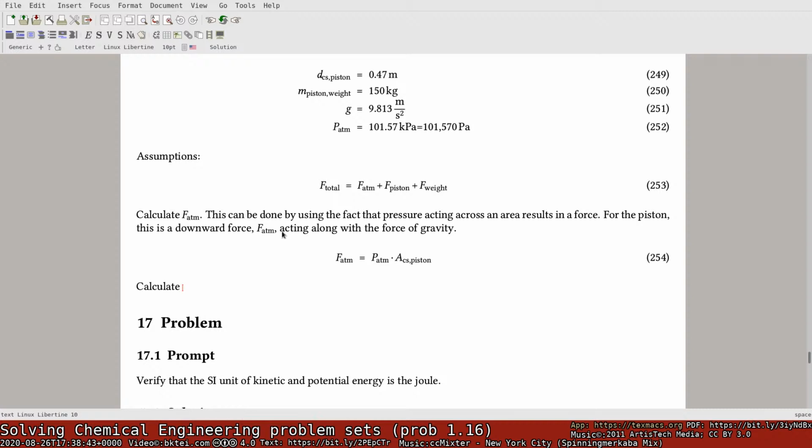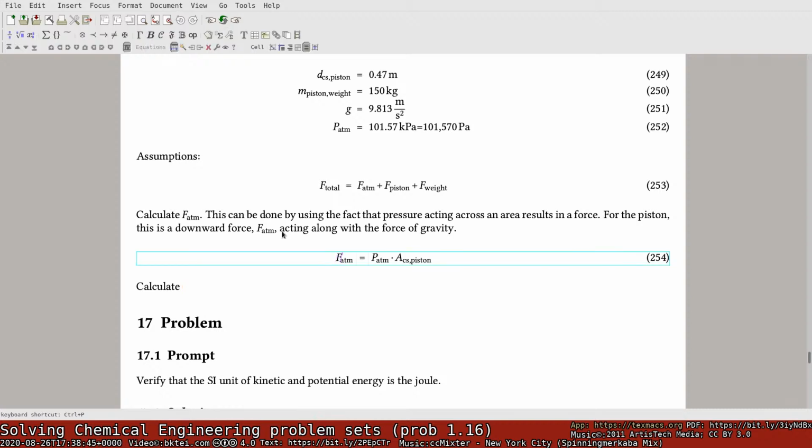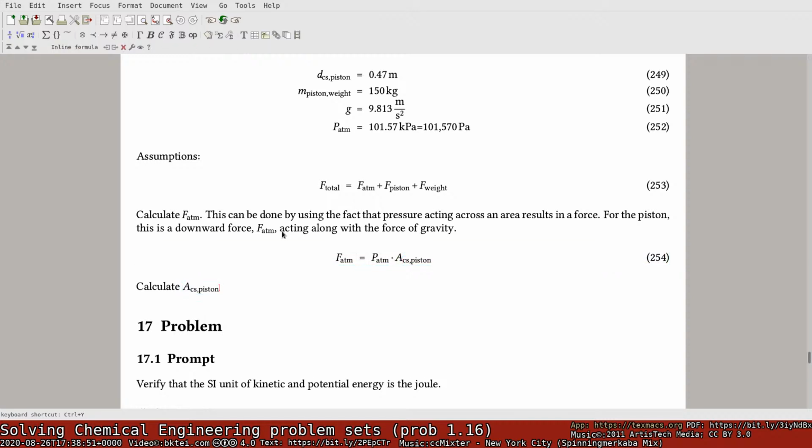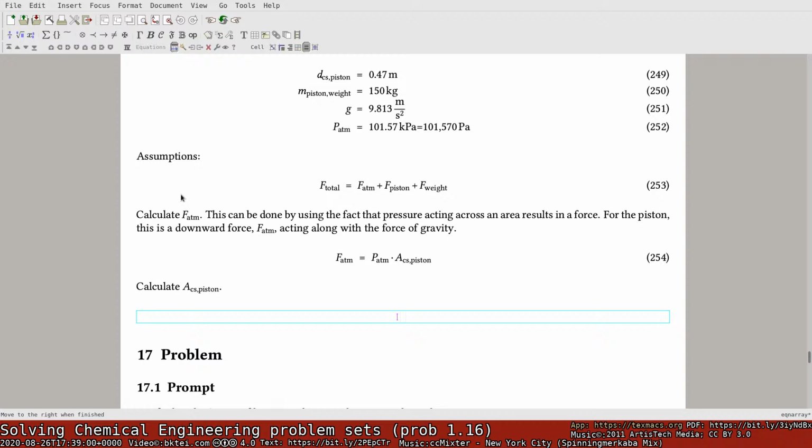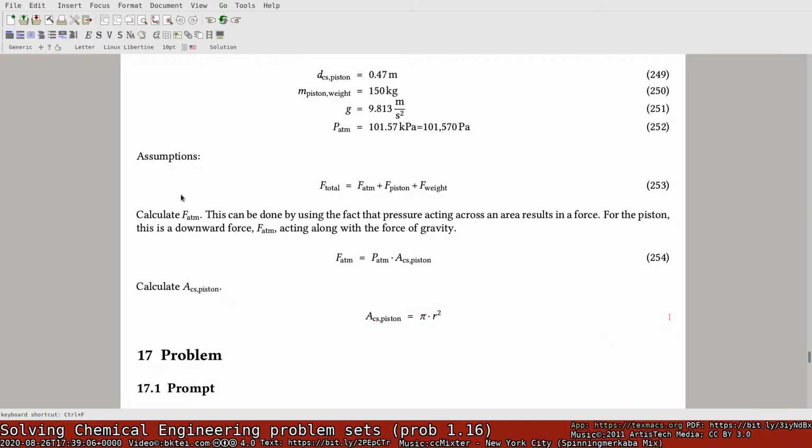So calculate area cross-sectional. Because this is TechMax, we can just copy that, calculate that, great. Area of a piston, which I'm assuming is circular, is pi times the radius squared.